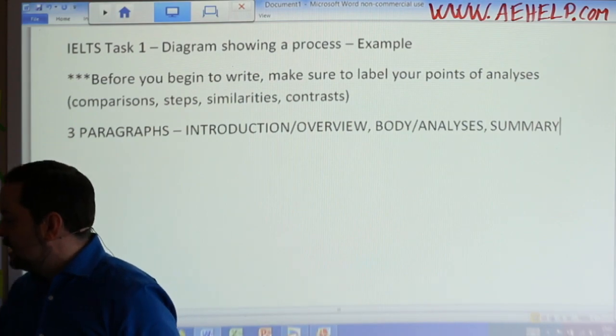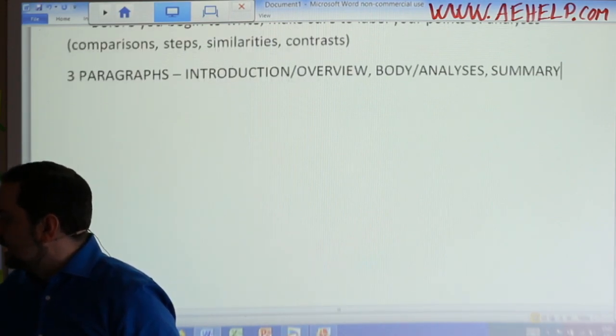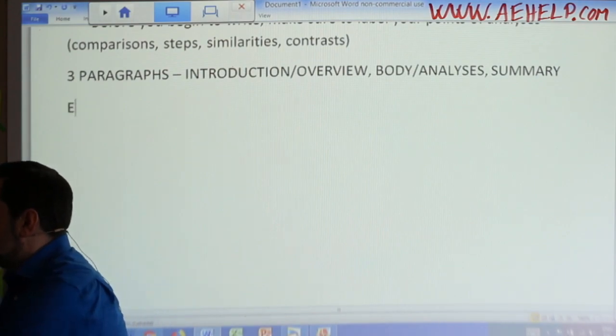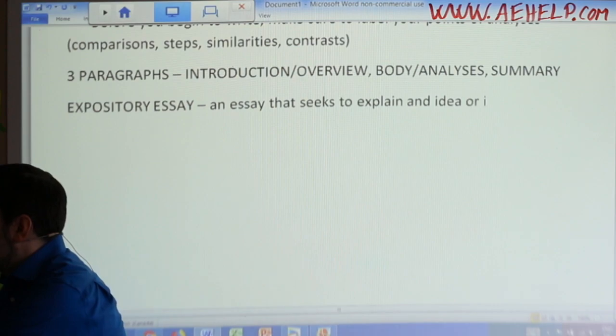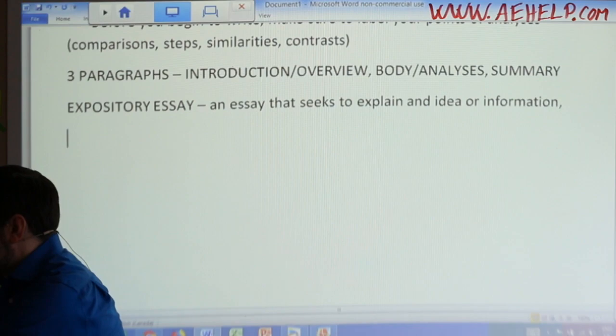In task 1, remember also that task 1 is what's called an expository essay. And an expository essay is an essay that seeks to explain an idea, okay, or information. And this task 1 is an expository essay, and it's using the third person voice. So third person objective voice.